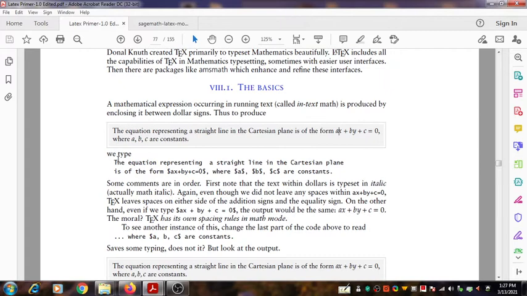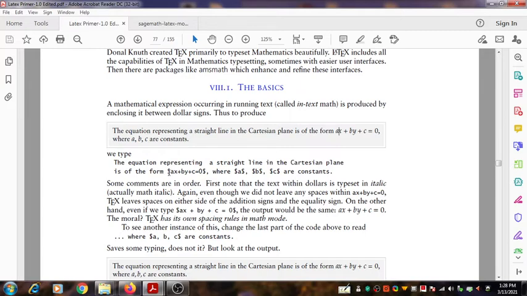Now coming to the command part that actually generates this output, the source code is given: the equation representing a straight line in the Cartesian plane is of the form. When we come to this point, you can see that a single dollar is used.